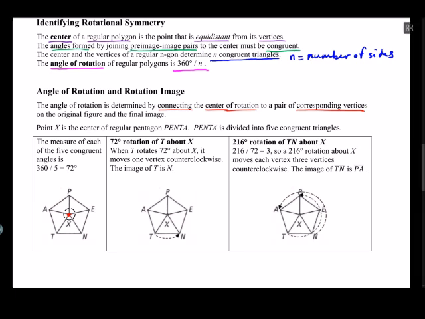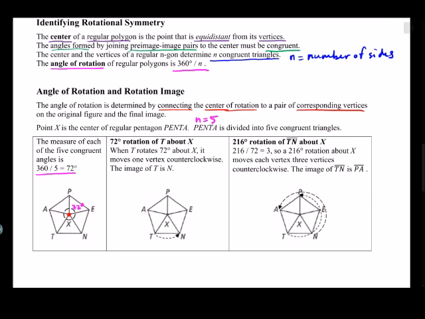So point X is the center of our regular pentagon, and it's divided into 5 congruent triangles. And now we find the angle of rotation by taking 360 divided by 5. Because it's a regular pentagon, n equals 5, and we get 72 degrees. So we know that each one of these is 72 degrees.